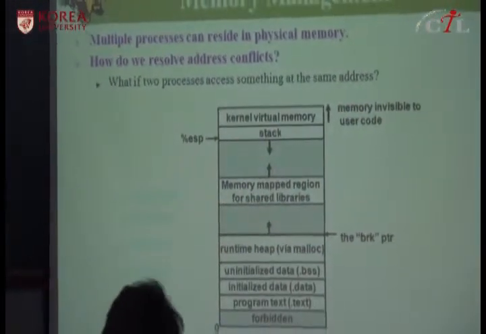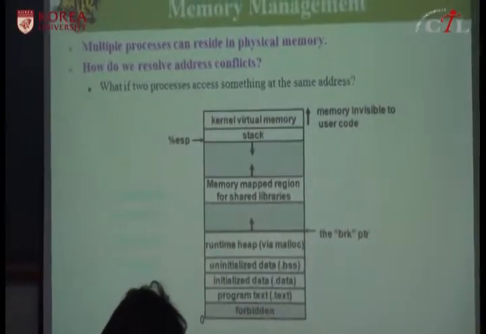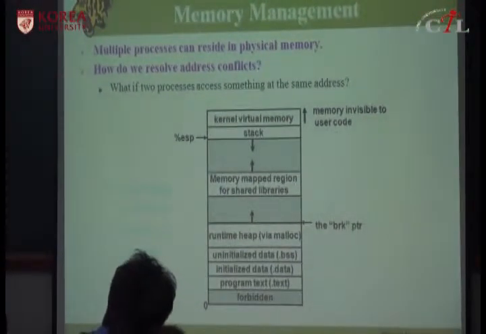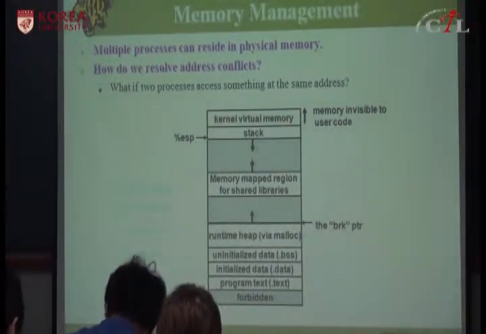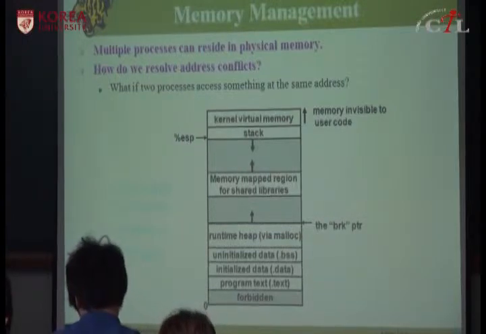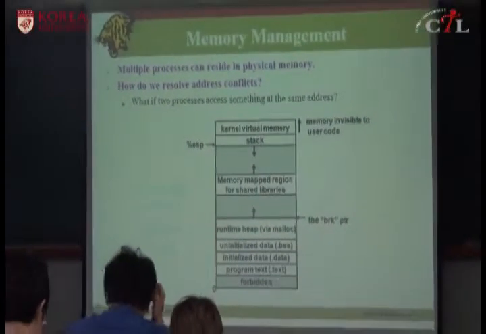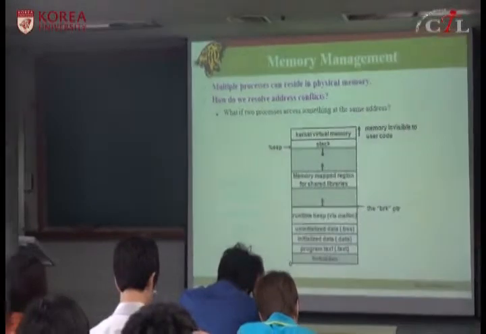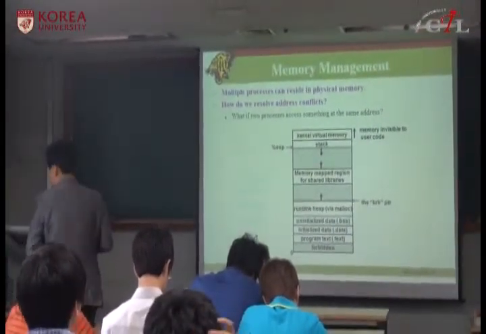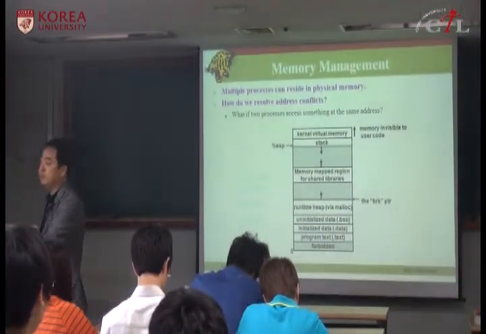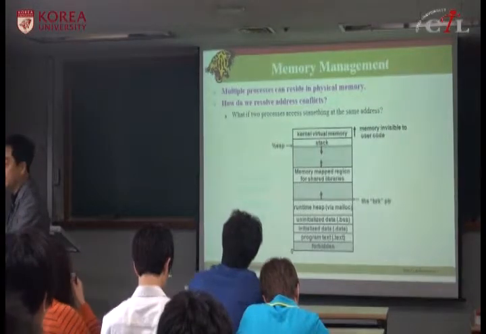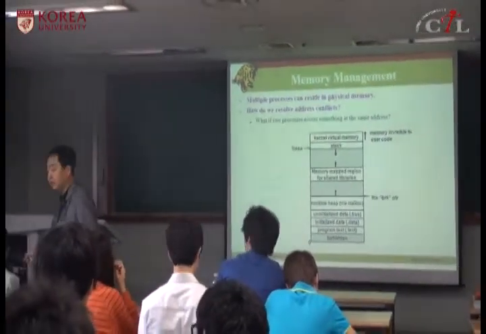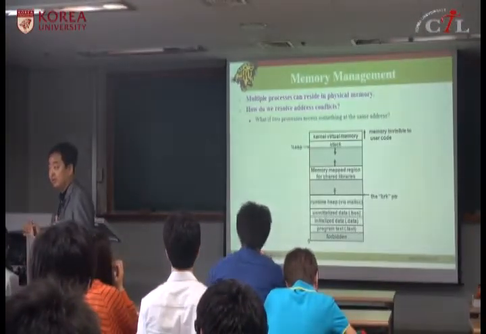So memory management means physical memory is shared by multiple concurrent processes. Okay? And each process is partially resident. And somehow, if you have two processes, virtual address 10,000 here and virtual address 10,000 there, they are totally different addresses, right?